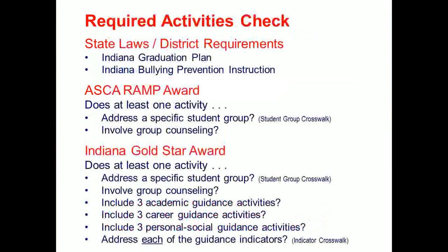In Indiana, there's now a law about bullying prevention instruction that must happen in schools. So if none of your activities are dealing with bullying prevention, you need to go back and add activities and goals around those areas.